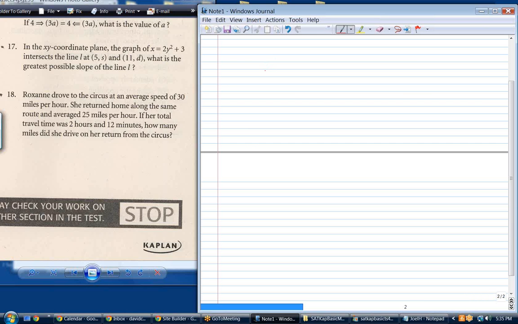Distance equals rate times time. The way to think about this is if you drove at 60 miles an hour for 1 hour, you'd go 60 miles. If you drove at 60 miles an hour for 2 hours, you'd go 120 miles. This is the one you want to memorize, and you want to memorize it in this form.